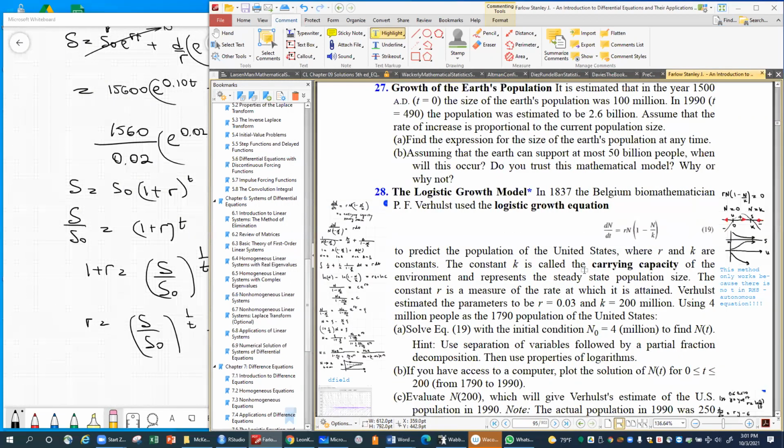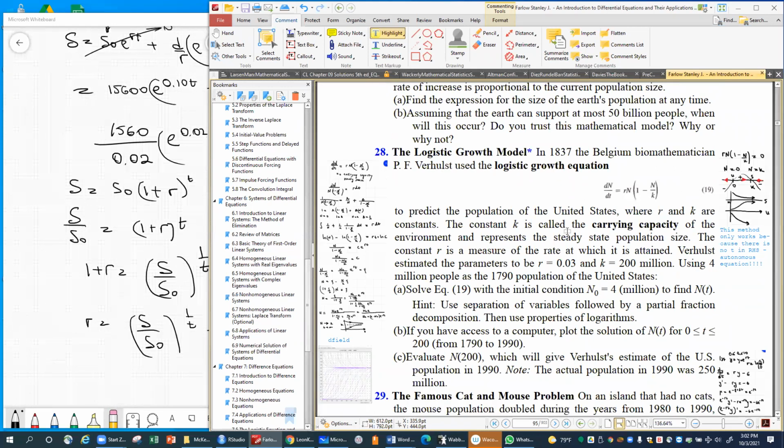So that's the classical so-called logistic model. It came originally from Verhulst, the logistic growth model.